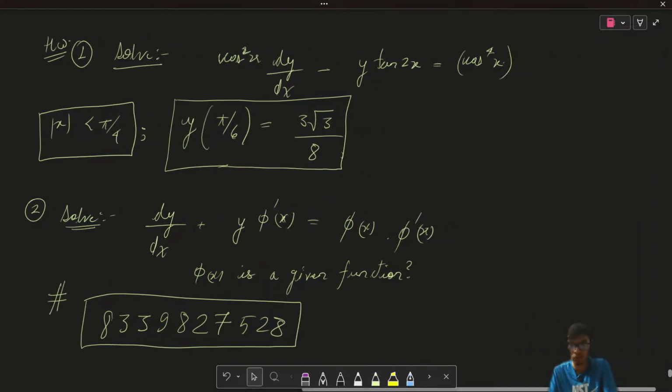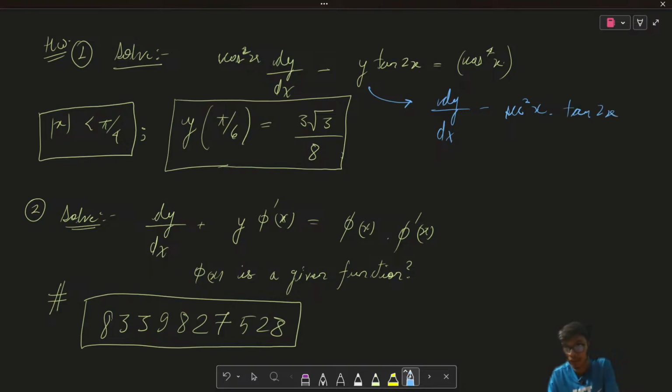What you do here is first reduce it to the simple form, that is, I can write dy upon dx minus tan 2x by secant square x, and if I divide by cos square x, that is basically secant square x into tan 2x, so this becomes secant square x into tan 2x whole multiplied with y, which equals cos square x, right? So here my p term becomes like this, and my q term becomes like this.